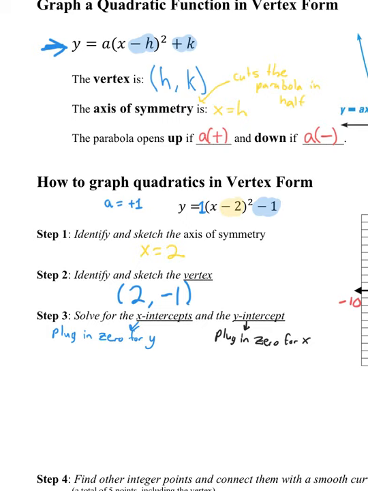For the first one, when we're plugging in 0 for y, we can rewrite it like this: 0 equals x minus 2 squared minus 1. For the other, we're plugging in 0 for x. We have a 0 plugged in right where the x value was, and in this one, 0 plugged in right where the y value was.